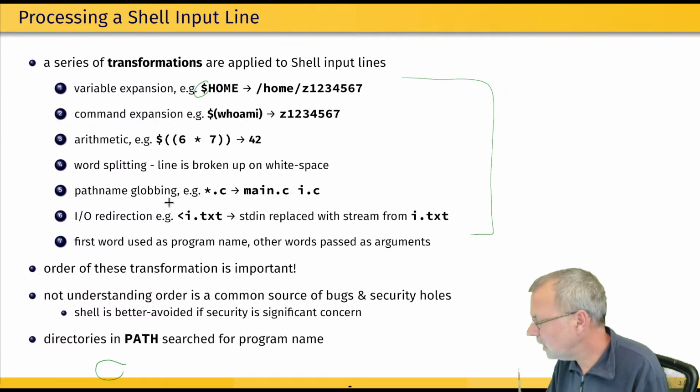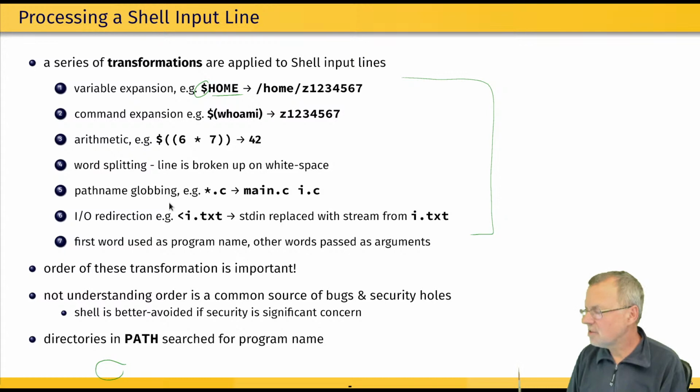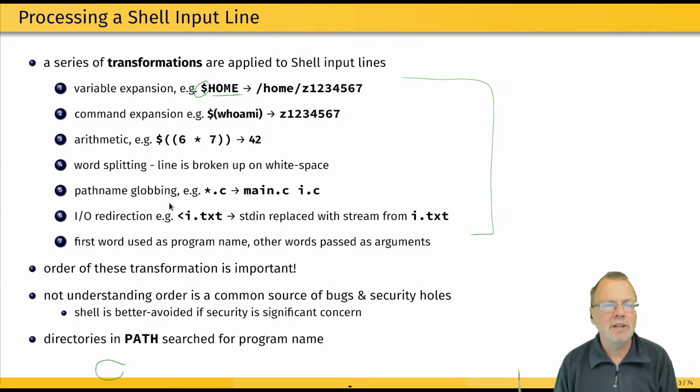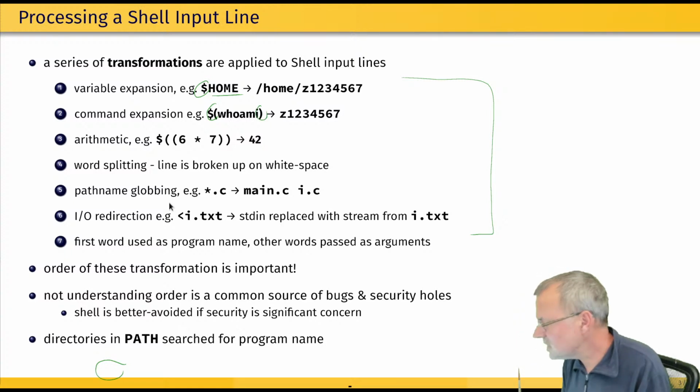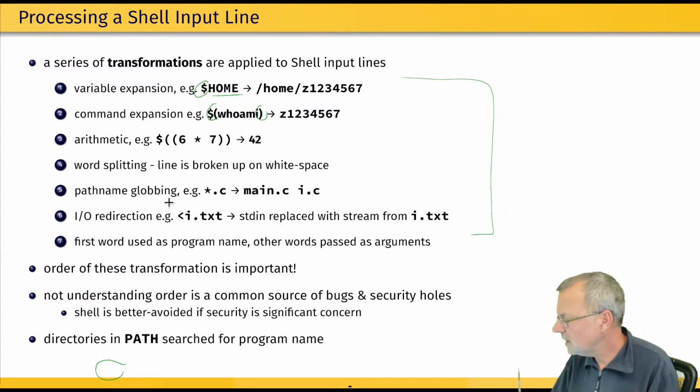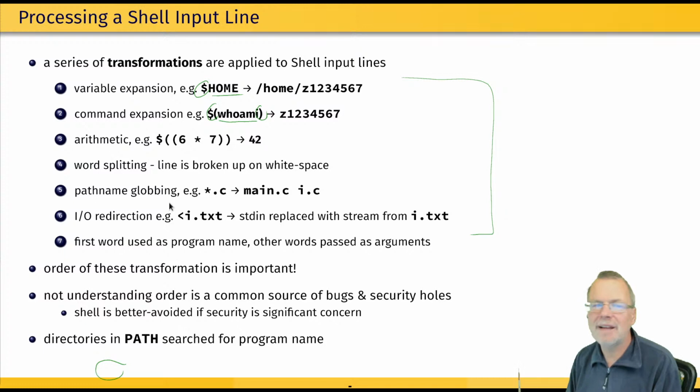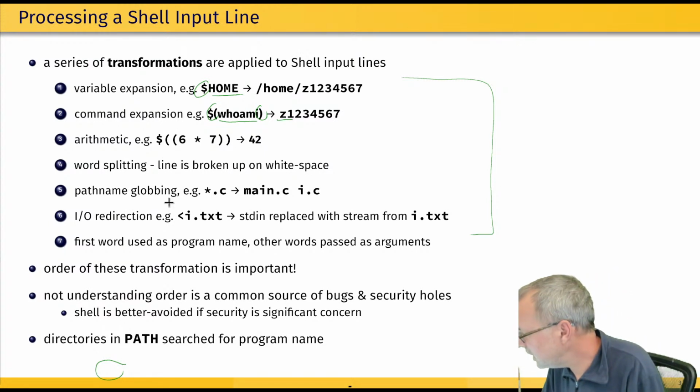Anything beginning with $, followed by a name, gets replaced with the value of that variable. Anything with $ and single brackets gets replaced with the output of running that program. So the program between there, a separate program is launched off, run, whatever it put out on stdout is put there instead.